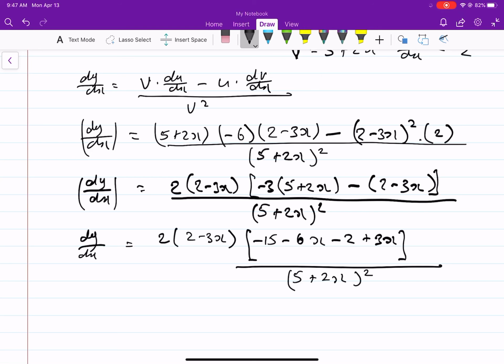I'll double check that one more time. Minus 3 by 5 is minus 15. Minus 3 by 2x is minus 6x. And then minus 2 and plus 3x.